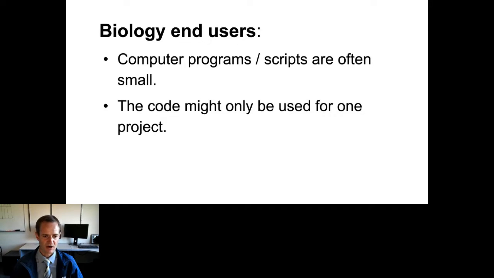There are bioinformaticians who are creating tools that may be more complex than that, but biologists are often writing relatively small bodies of code. And that code might only be used for one project. So instead of creating something that might be used by hundreds or thousands of people, many times that code is just being used in one particular context.